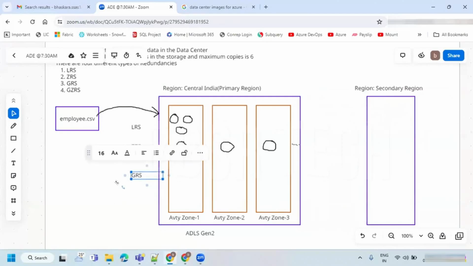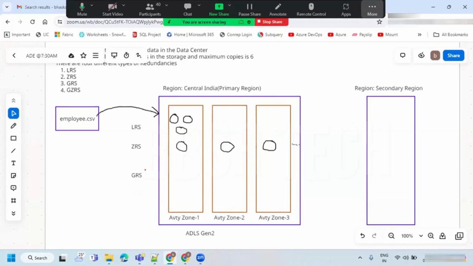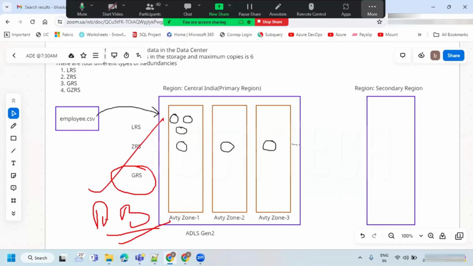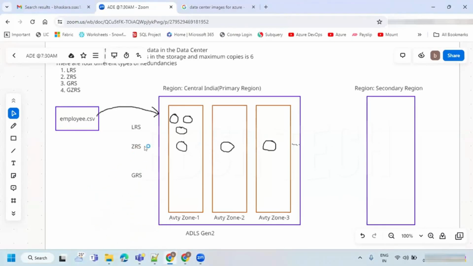When you get Geo in the naming standard, make sure the data is stored in the secondary region also. And in my current project, we are using GRS, Geo Redundant Storage, for my storages, for Azure Data Lake Storage Gen2, as well as for the database also. So if you have GRS, there is less chance to lose the data.